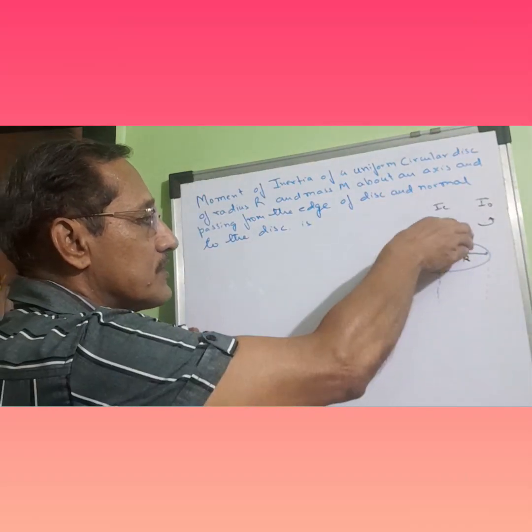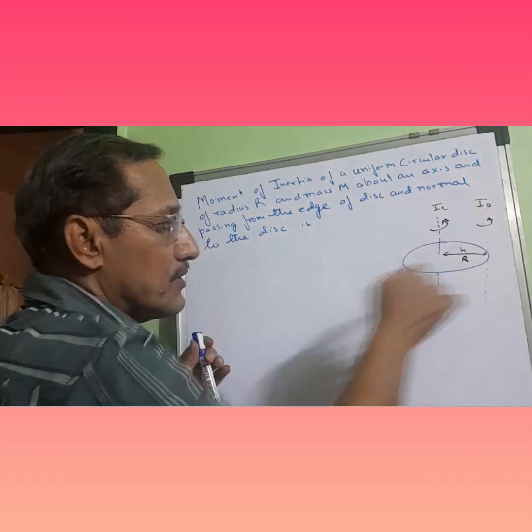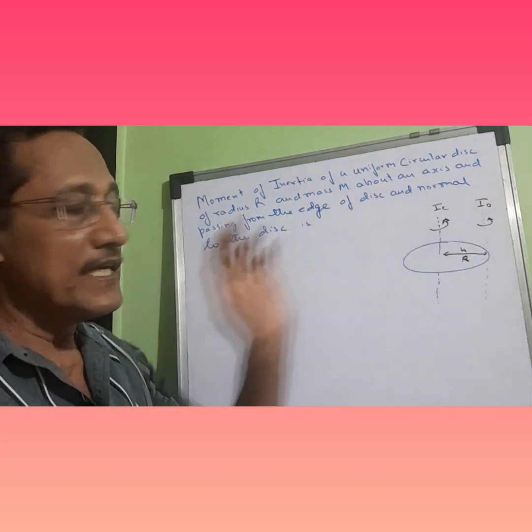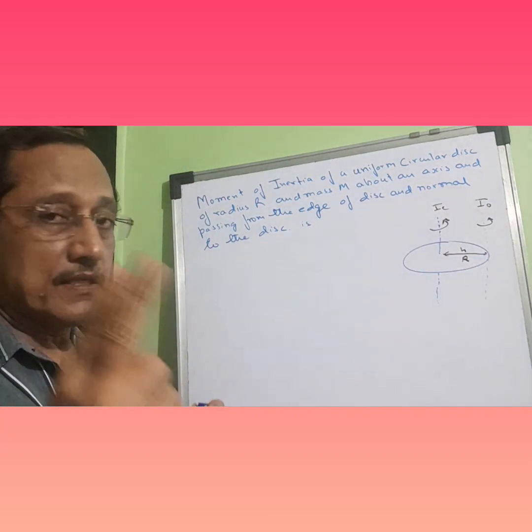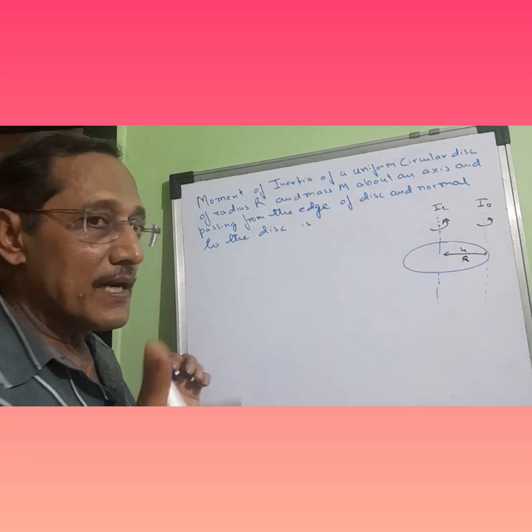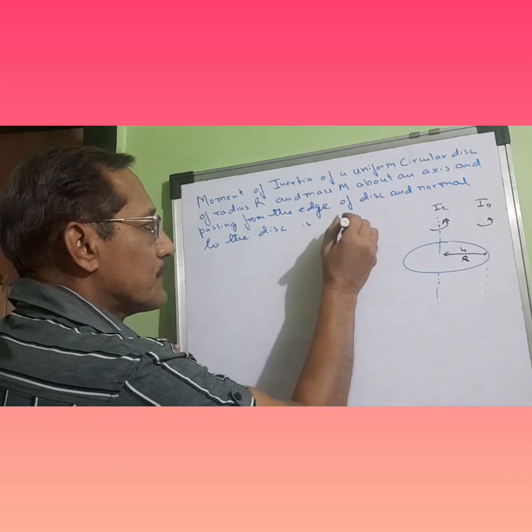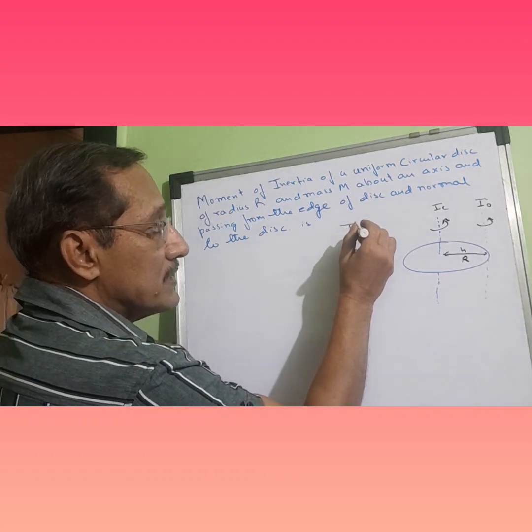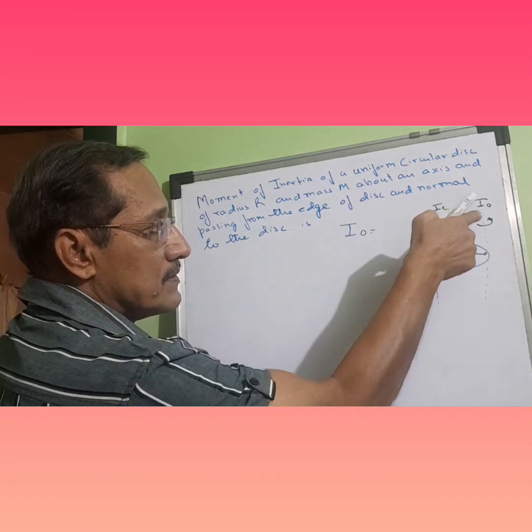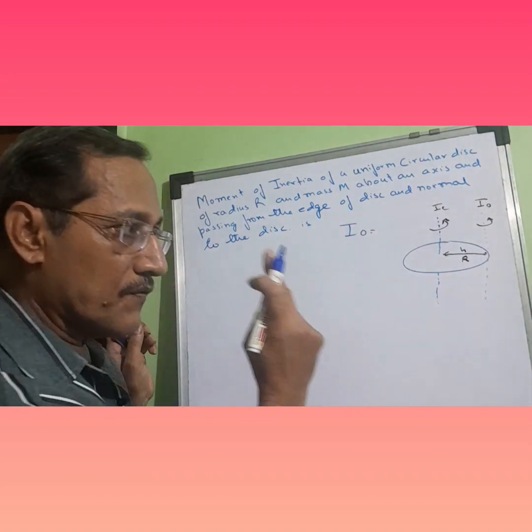So this disk is rotating around this axis, and that moment of inertia is I0. And remember, we had studied the parallel axis formula. I0 is the actual place from where it is rotating.